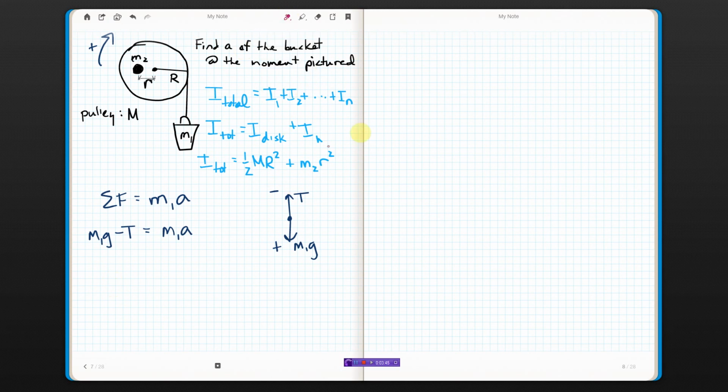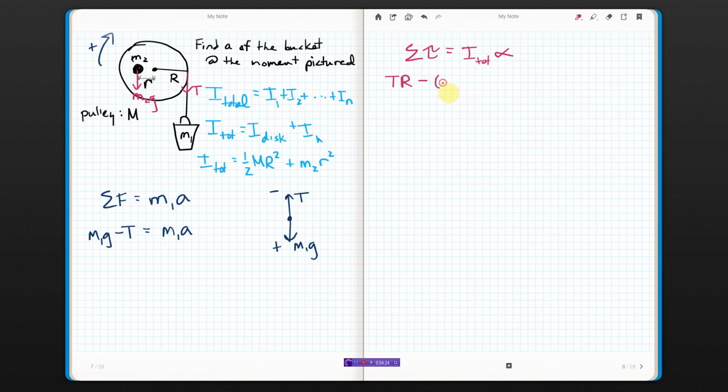Now let's do torque. Net torque equals total moment of inertia times alpha. Okay, so let's see, torques. We've got tension pulling down, and we've got the weight of this pulling down right here. Ooh, okay. So I've got two torques this time. Here's the pivot. So this one's going to cause a positive torque. So that's going to be positive T at a distance R from the axis, minus this one's going to cause a negative torque.